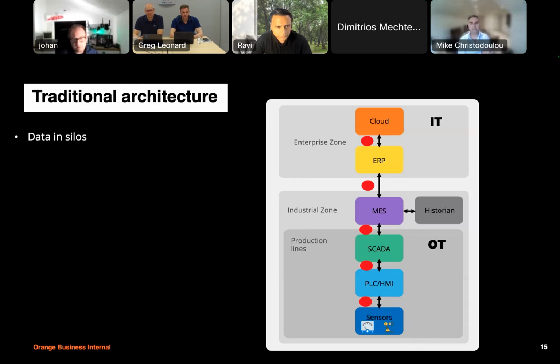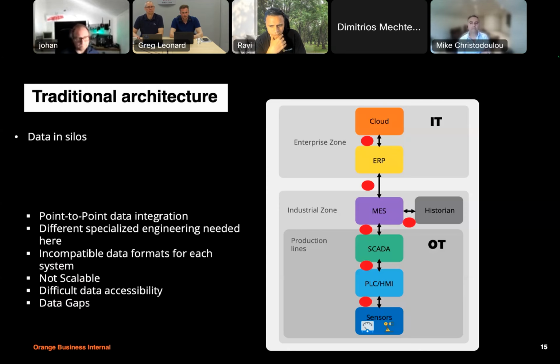You have PLCs and user interfaces that also contain a lot of valuable information, but it's not easily accessible on the network. And then you have your MES and your ERP and your cloud, maybe hosting the ERP. But all of those are point-to-point integrations, and they're not readily available to share the information. You need something in between, or you need something to change here.